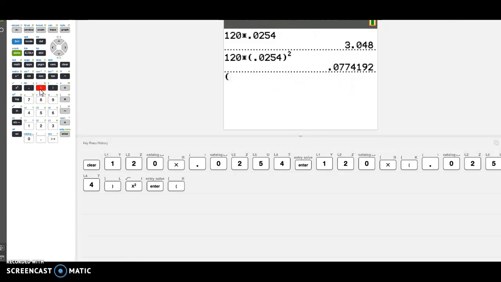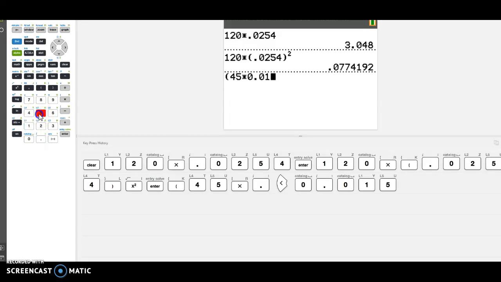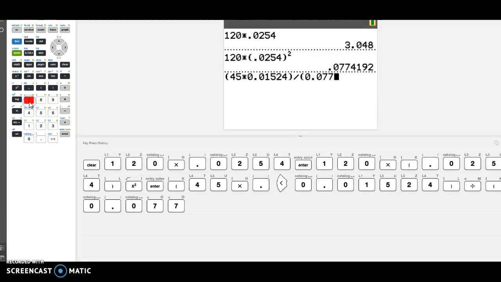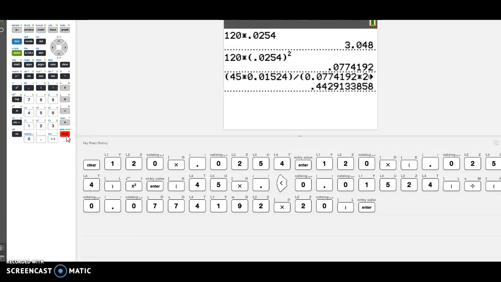In the numerator, I'm going to put the numerator in parentheses: 45 times 0.01524. Then we're dividing that by, in parentheses, you have to put it in parentheses, 0.0774192 times 20. Parentheses, and I'm getting a value of approximately 0.44.